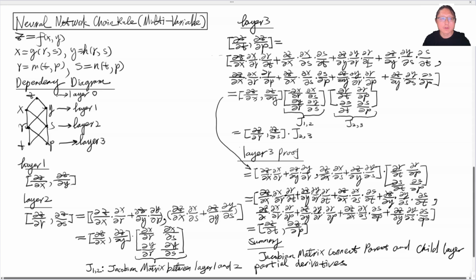We talked about the neural network chain rule for multiple variables. And we demonstrated that for a fully connected feedforward network, the partial derivatives between different layers can be connected by a Jacobian matrix, which everybody is familiar with.